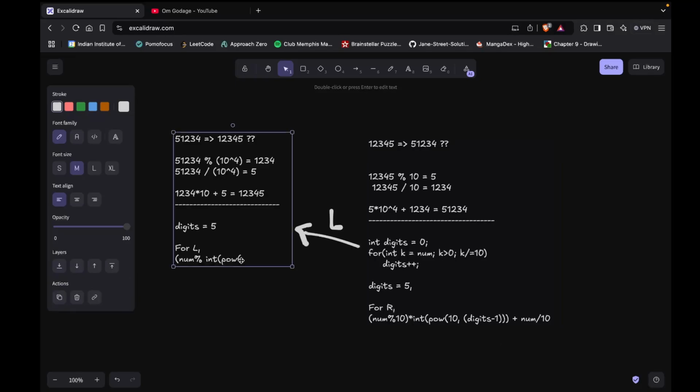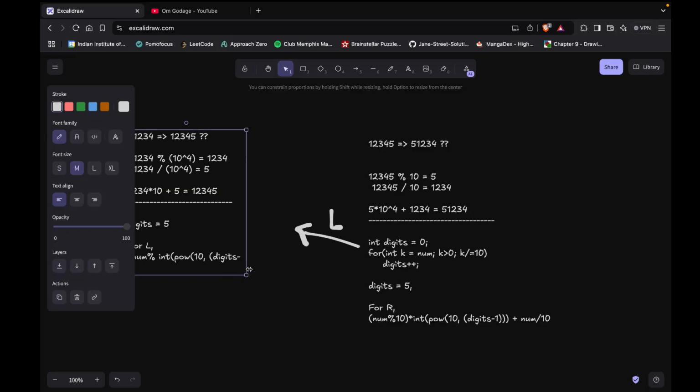The power function by default returns a double value, and it will not work with a remainder operation directly because remainders are only applicable with integers. So before you actually calculate the remainder, you can typecast it to an int to avoid any issues. Okay, so you'll have power 10 raised to digits minus 1.